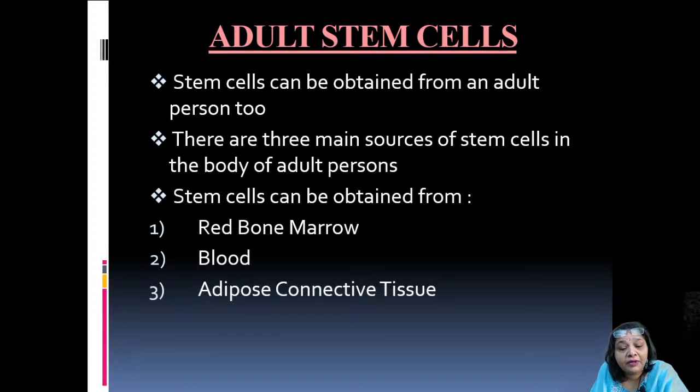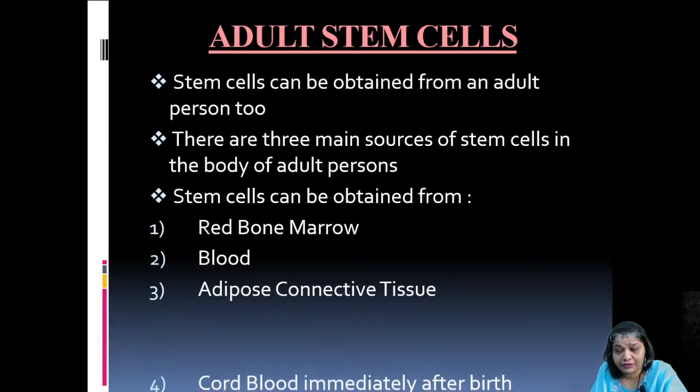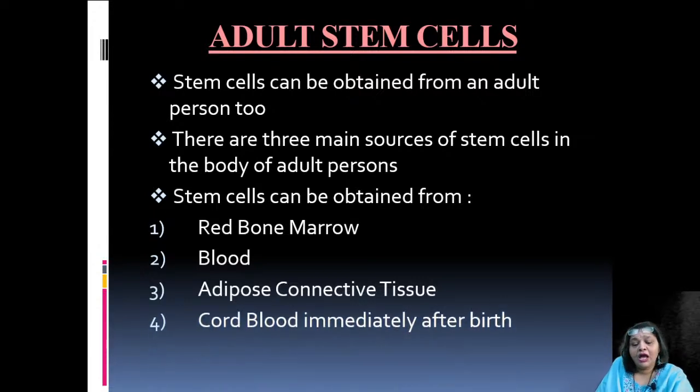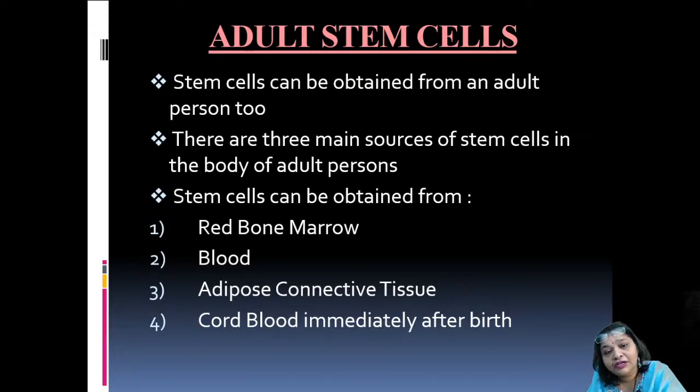Second is the blood cells from the blood. And the third, the adipose connective tissue. Not only that, also from the cord blood. Just after delivery, when the umbilical cord between the mother and the child is cut, it allows oozing out of cord blood. Immediately after birth, if that cord blood is collected, then it contains the adult stem cells.